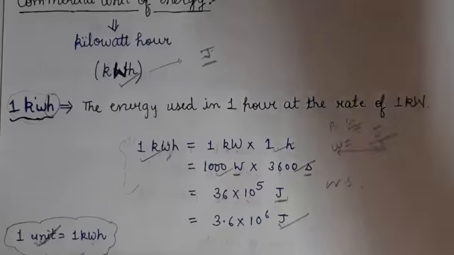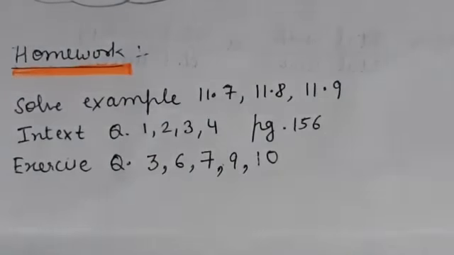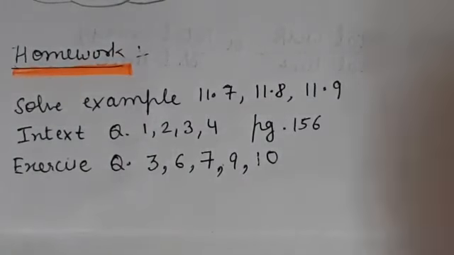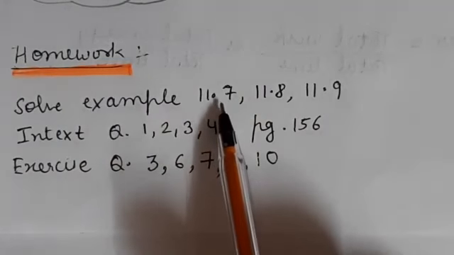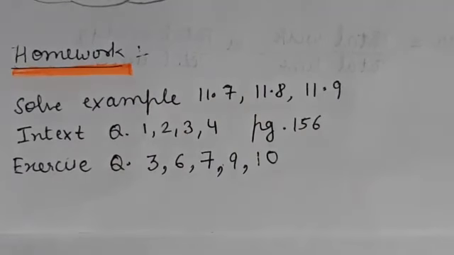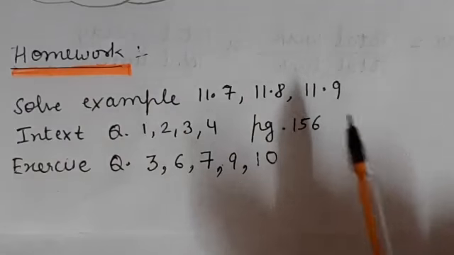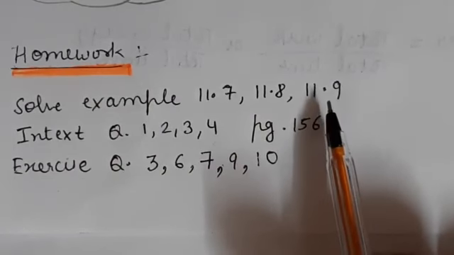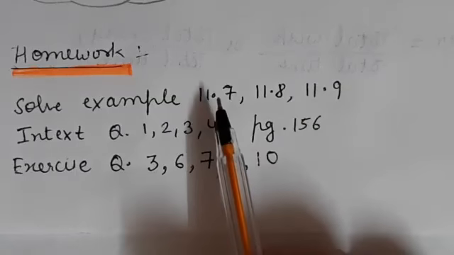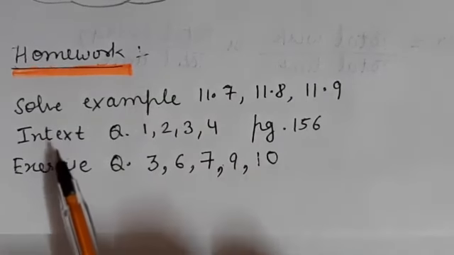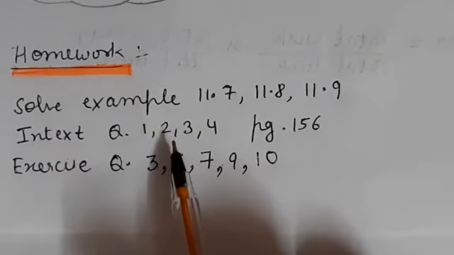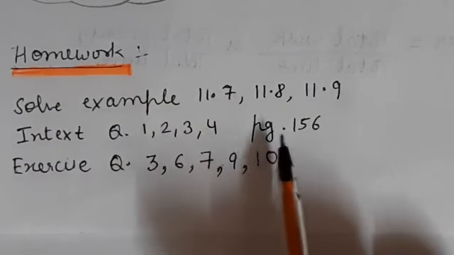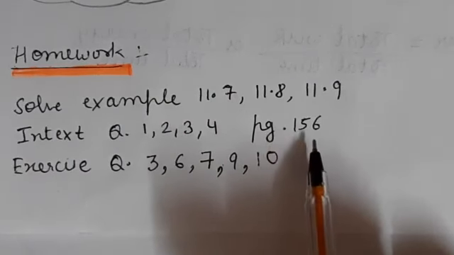What is your homework? Your homework is to solve examples 11.7, 11.8 and 11.9 given in your NCERT book of chapter number 11, work and energy. Along with examples, you have to solve the in-text questions number 1, 2, 3, 4 given on page number 156.